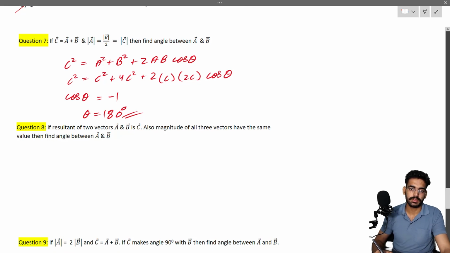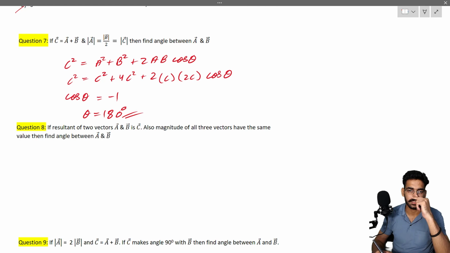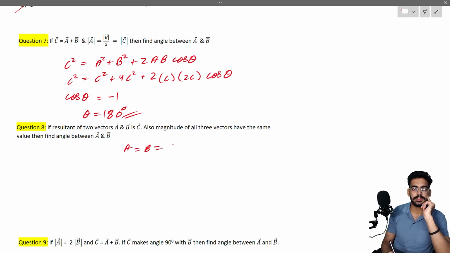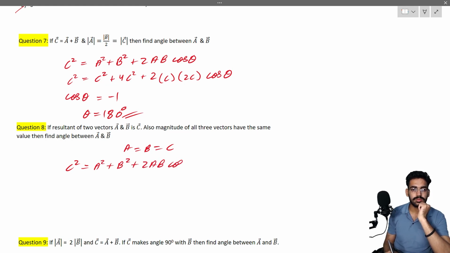If the resultant of two vectors A vector and B vector is C vector, and the magnitude of all three vectors have the same value, then find the angle between A and B vector. Magnitude of all are equal means A equal to B equal to C. So let's put the formula. C square equal to A square plus B square plus 2AB cos theta.